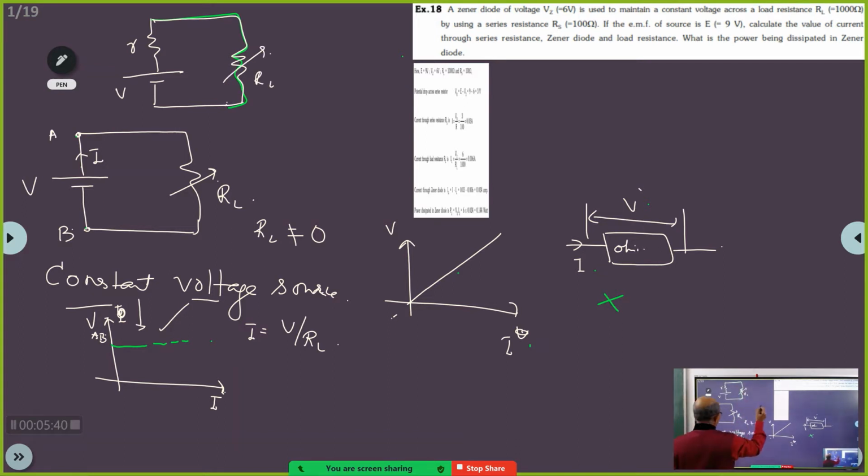Then how will you get the graph? Again, this is A, this is B. How will you get the graph VAB versus current? How will you get this graph? Same? Okay, Adil is telling it should be same. Anybody else?